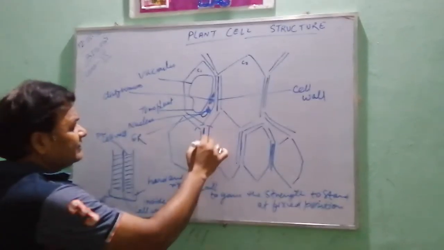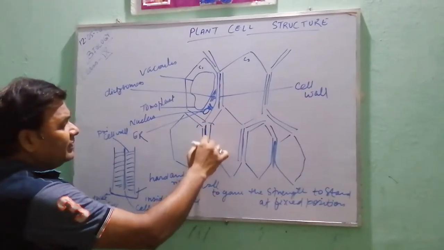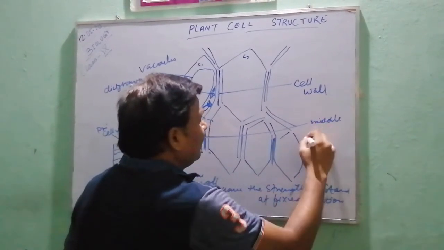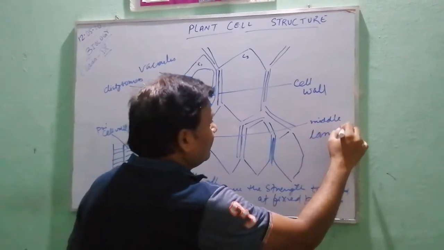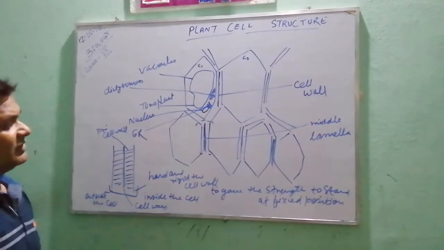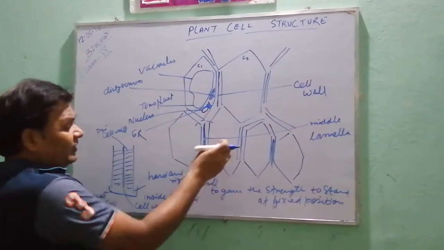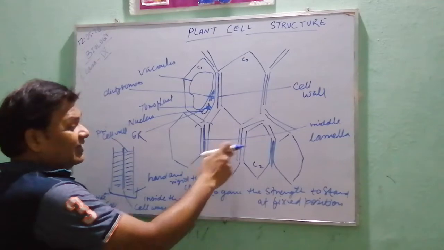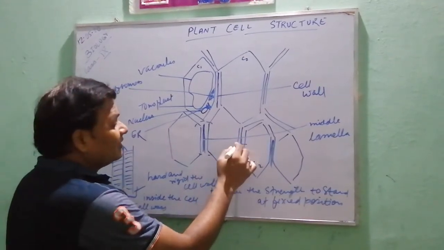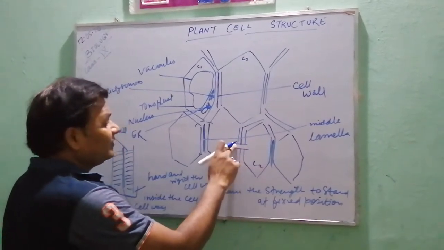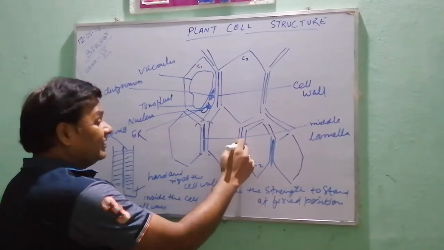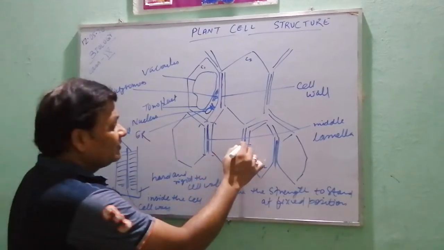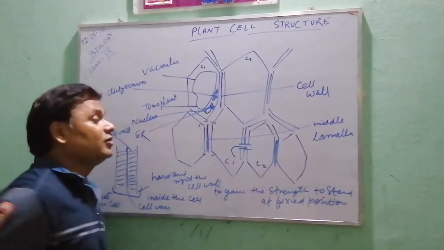The middle portion of the cell wall is called the middle lamella. The first cell C1 and this one C2 connect by the middle portion, and the inner liquid content goes to the other side through this barrier or bridge.